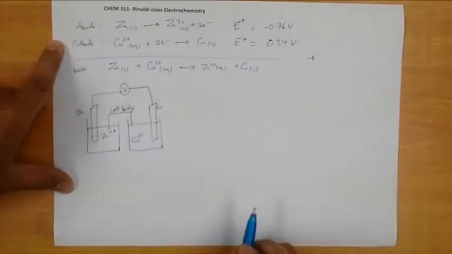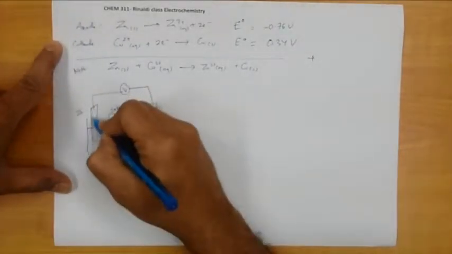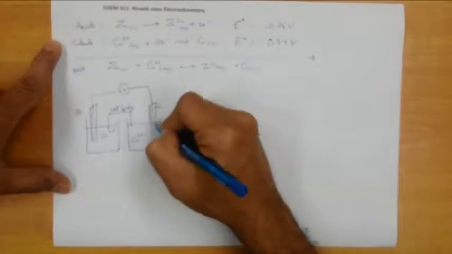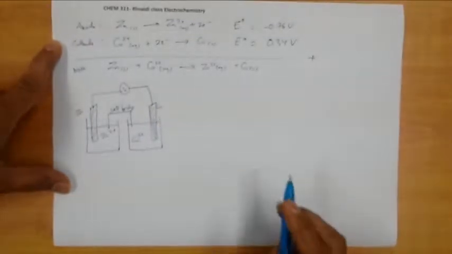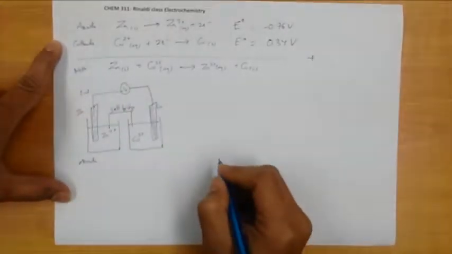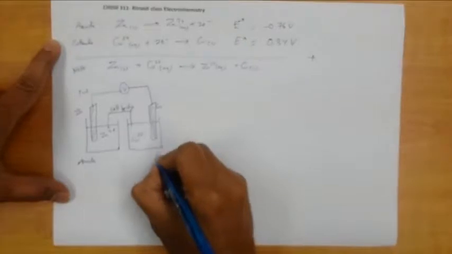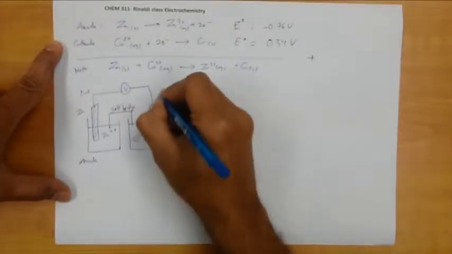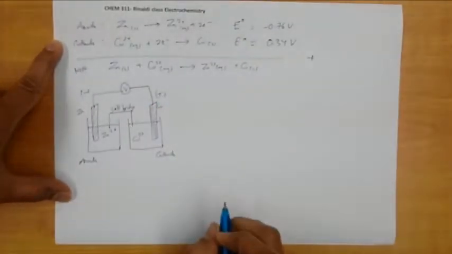Right, so this is the anode, the negative electrode, and this is the cathode, the positive electrode.